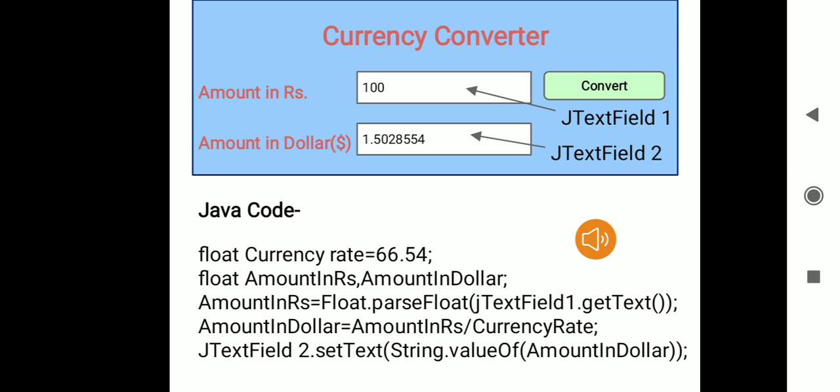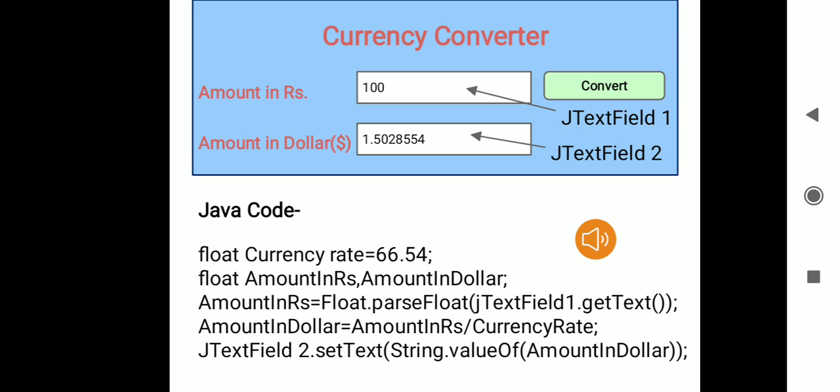Now the question is, why have we done this? That is, why have we converted that decimal value 1.5028 into a string value? This is because if we want the dollar value, that is 1.5028, to be displayed in the second text field corresponding to the label amount in dollar, that is JTextField2, we have to convert its type to string, as text fields accept only string values.